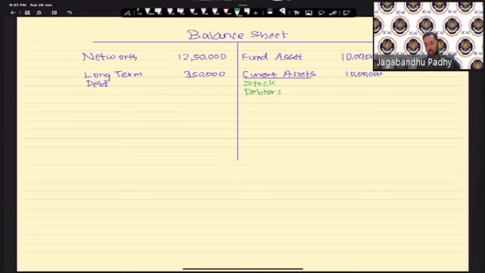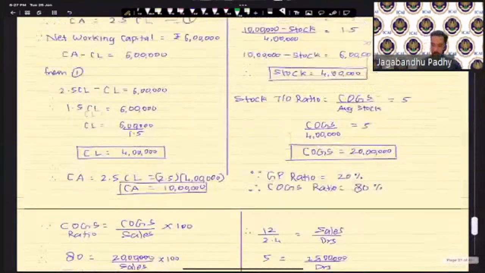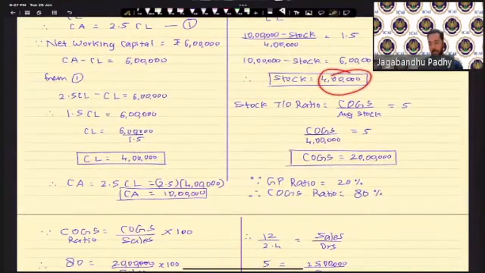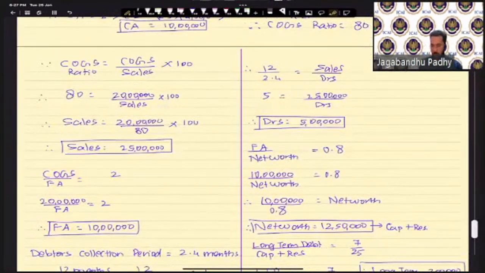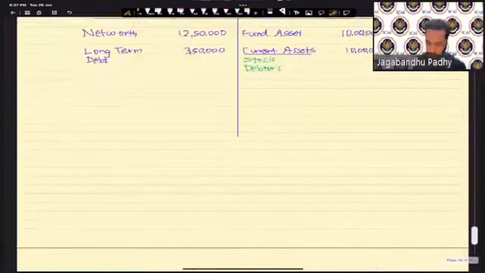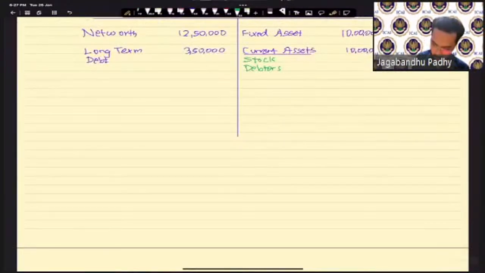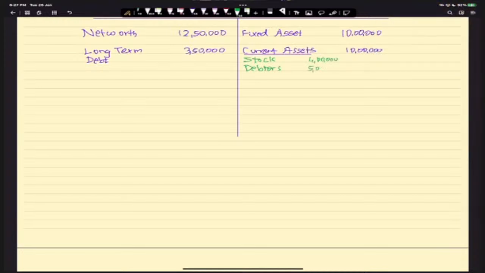How much was the stock that we computed? Remember, stock was 4 lakh. Debtors was 5 lakh. Stock is 4 lakh. Debtors is 5 lakh. Then cash bank balance.